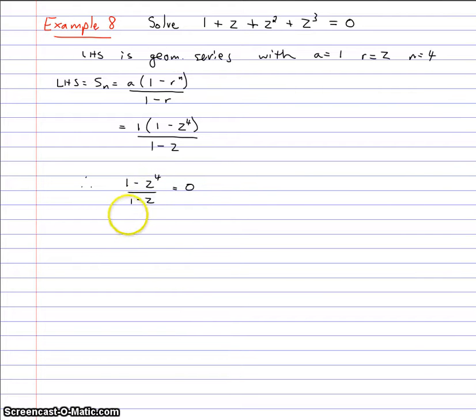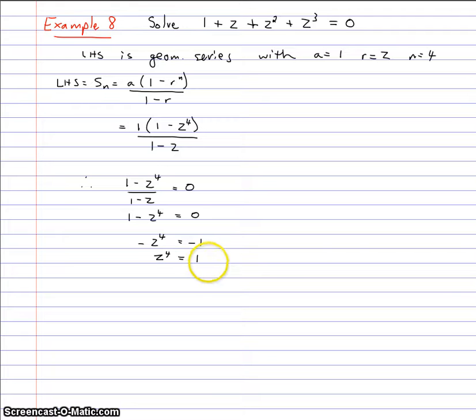We have 1 minus z to the power of 4 equals 0, because 0 times 1 minus z will be 0, obviously. And then we have negative z to the power of 4 equals negative 1, or z to the power of 4 equals 1.